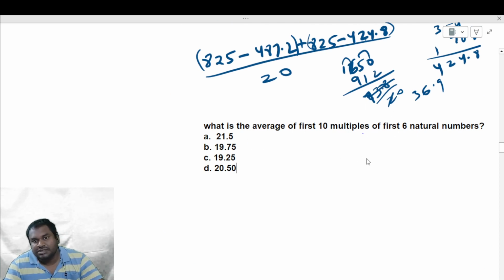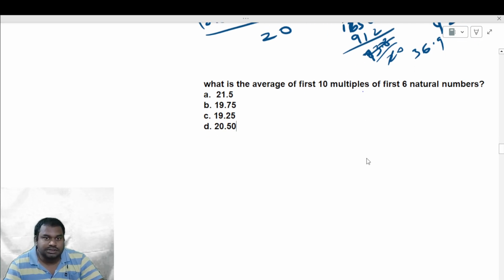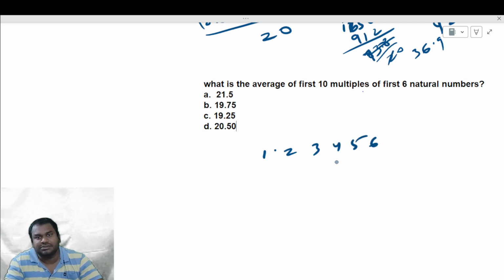So what is the average of first 10 multiples of first 6 natural numbers? See here, what is the average of first 10 multiples of first 6 natural numbers? So what are the first 6 natural numbers? 1, 2, 3, 4, 5, 6 are the first 6 natural numbers.